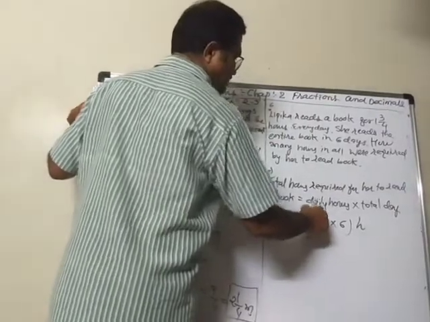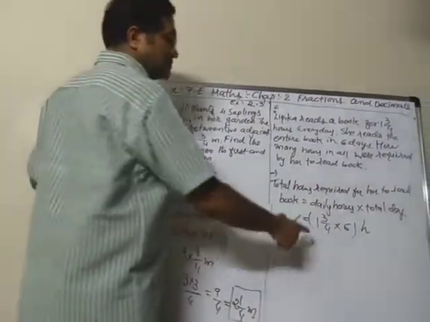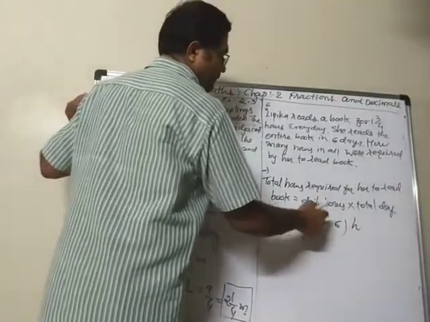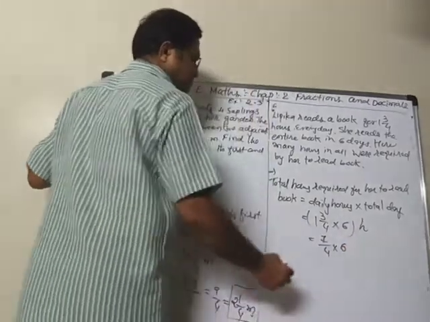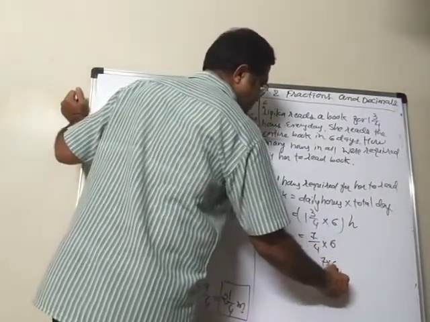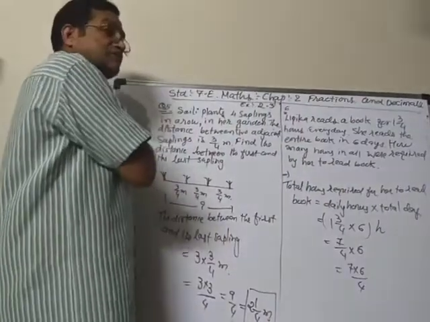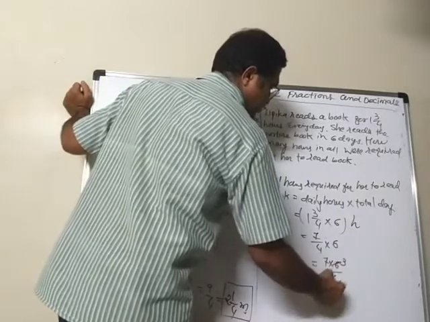So now one integer 3 by 4 we have to convert into an improper fraction. 4 ones are 4, 4 plus 3 is 7 upon 4 multiplied by 6 is equal to 7 multiplied by 6 upon 4. But here we can do the cancellation. 2 2s are 4, 3 2s are 6.